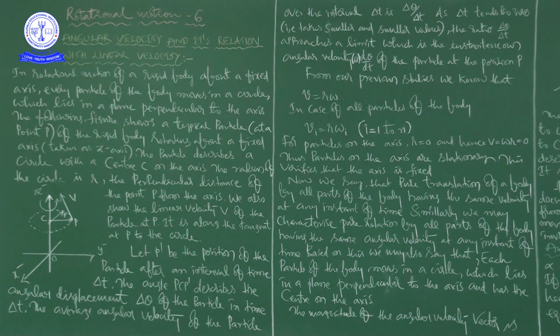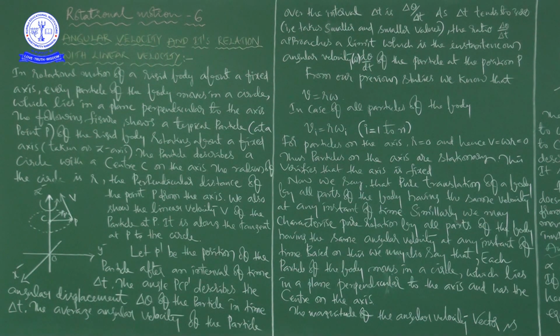Generally, linear velocity means we need to go back to motion in a straight line, where we consider the whole body as a single particle. Whenever linear velocity is applied on a body or a particle of certain mass, the body gets a translatory motion, motion in a straight line.